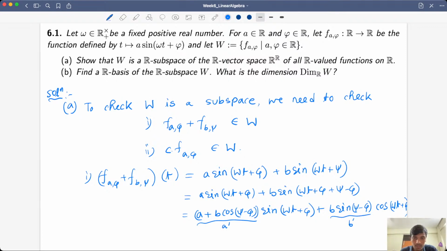Then I want to arrange this in a form so that I can write it as a formula for sine, right? So it is the usual thing: you take a prime square plus b prime square. Now this becomes a prime by root over a prime square plus b prime square, but that is if a and b are non-zero.